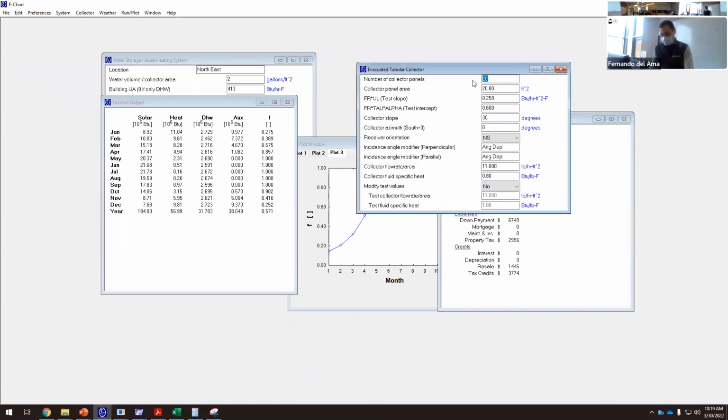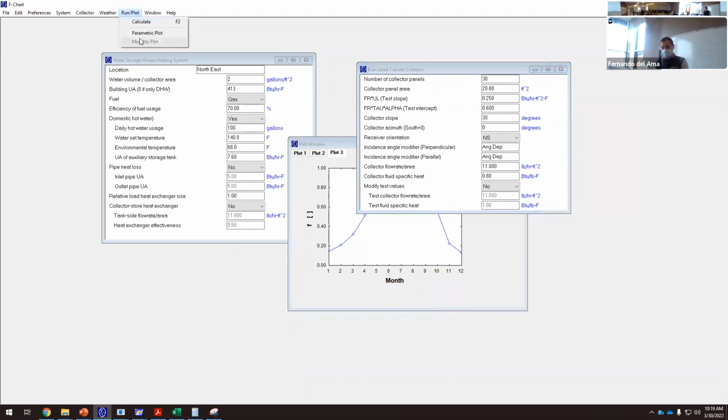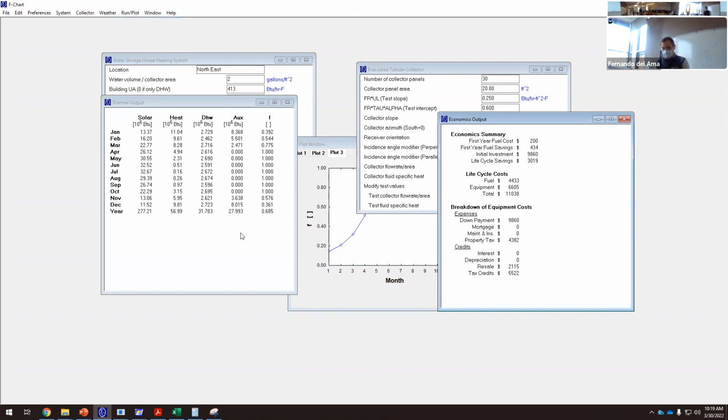Let's do something crazy, 30. If we have 30, now the average is almost 70%. So with 30 solar collectors, I am generating 68.5%, almost 70%, of the energy that we need throughout the year.